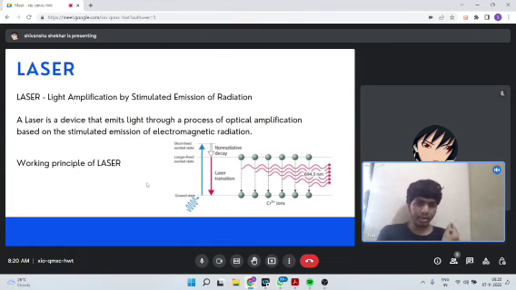One of the common elements used for this is the Cr3+ ion, because it gives one of the best properties, and it has a wavelength of about 694.3 nanometers, which is again in the visible range.